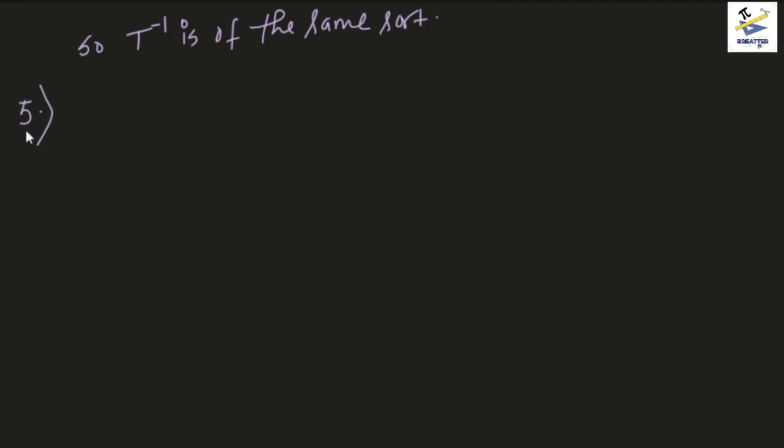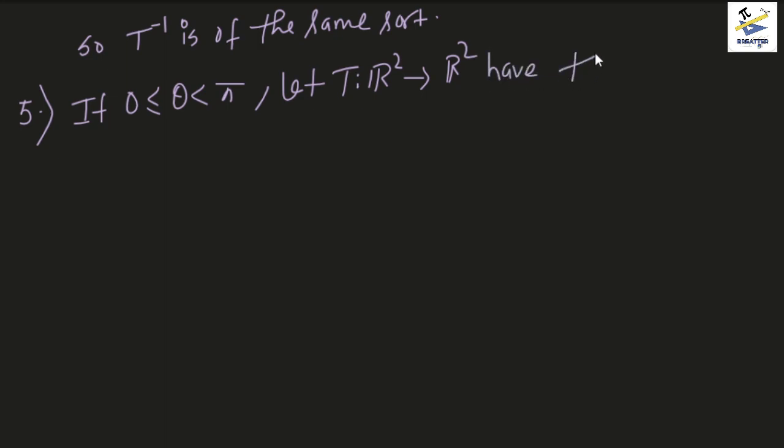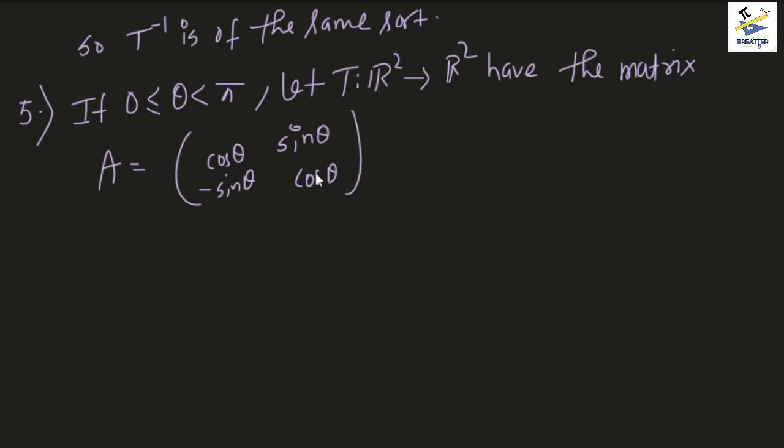Number 5 is basically, and it has the matrix which is A equals to, now we have to show that T is angle preserving.